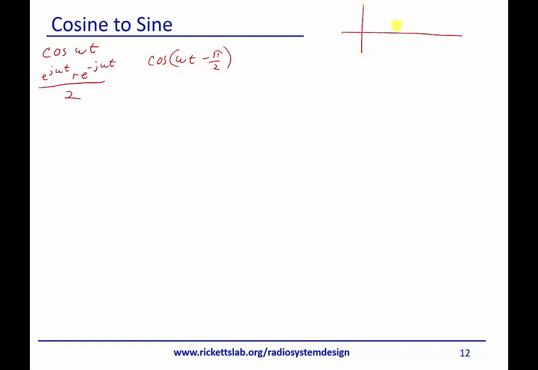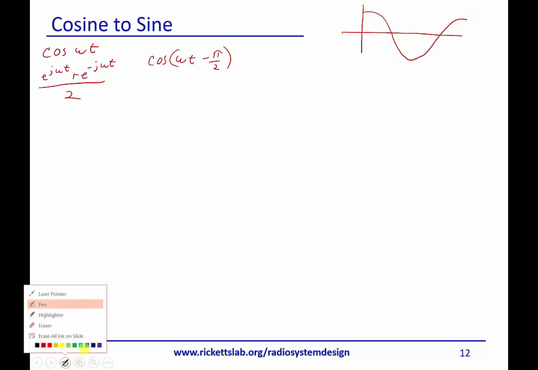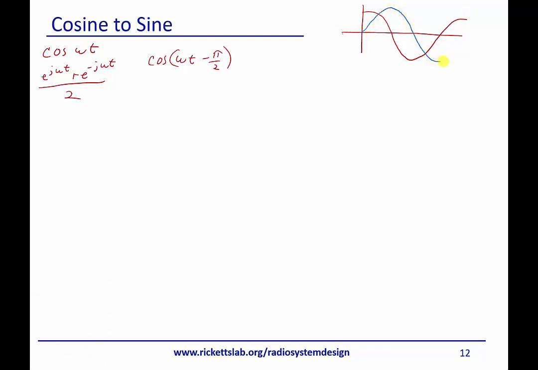So here is cosine, right? And I'm going to change my pen color, and I'm going to just shift it to the right by 90 degrees, right? And you can clearly see that that's simply a sine of omega t. Okay, and that's something that we're pretty familiar with. But let's look at this representation and see what happens when we do that mathematically.